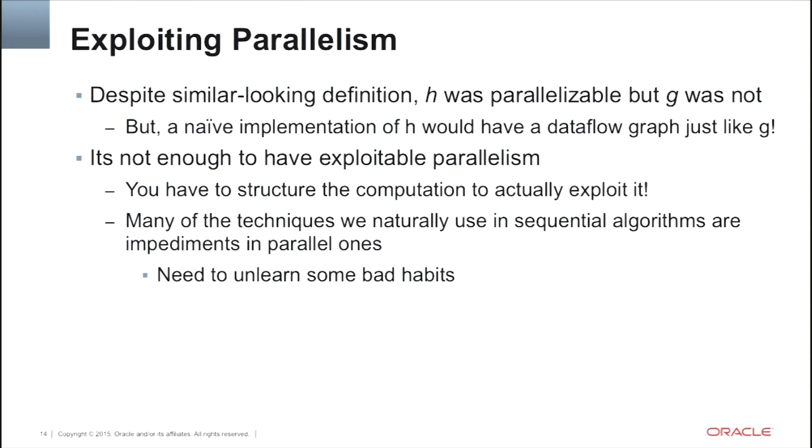So you need to have exploitable parallelism, but that's not enough. You also have to structure your computation to exploit it. And a lot of the techniques that we generally gravitate towards when we're writing sequential programs become bottlenecks when we try to go parallel. So we have to unlearn some of our bad habits.